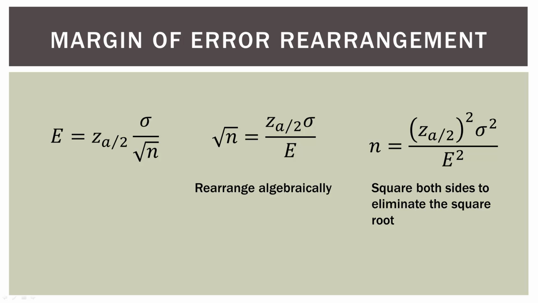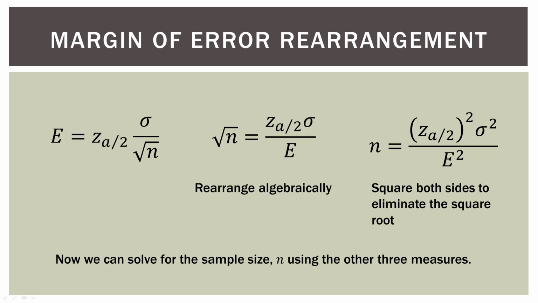So when we do that, we have n equals, and then every term over there on the right is just squared. So we have our interval squared, which is the z alpha over 2, that's squared. Sigma is squared, and then e is squared. So to get rid of the square root sign, we square everything, and that's what we have over here on the right.